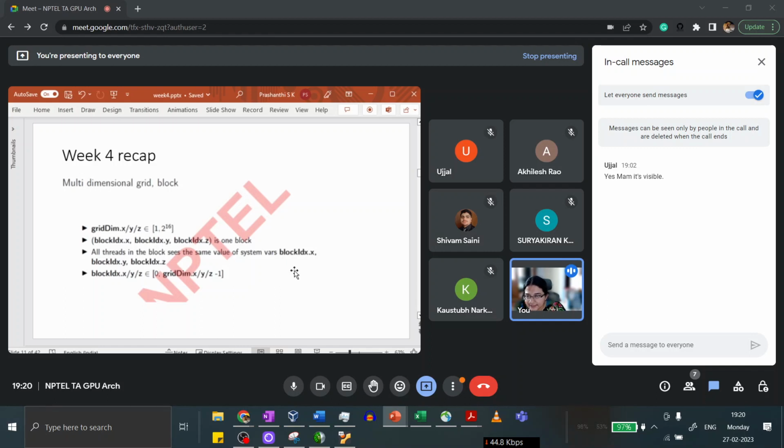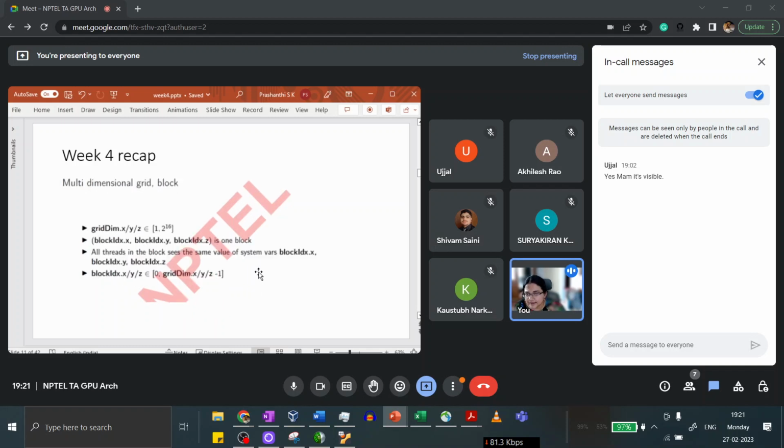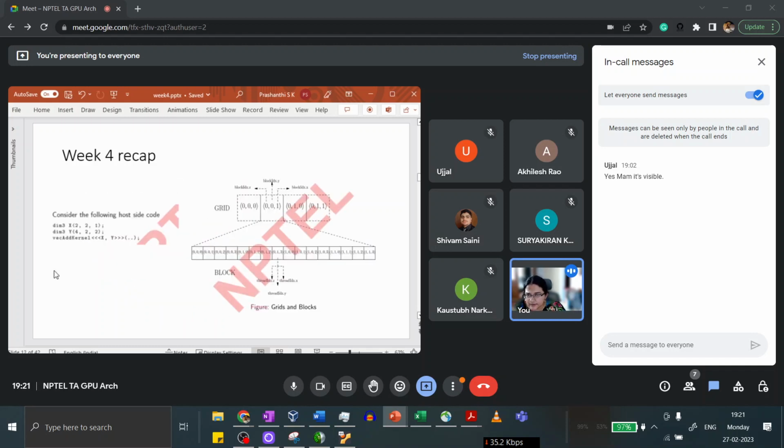So any thread in a given block will have the same value of blockIdx.x, blockIdx.y, blockIdx.z. And the blockIdx x, y, z should belong to 0 to gridDim.x, y, z minus 1. You can figure that out using this, right? So that's about it. So let's look at maybe an example.